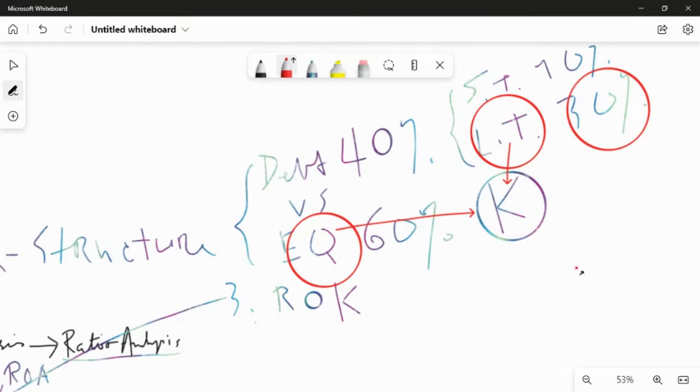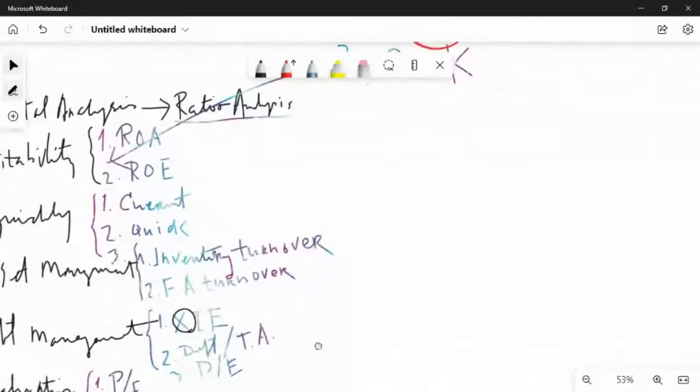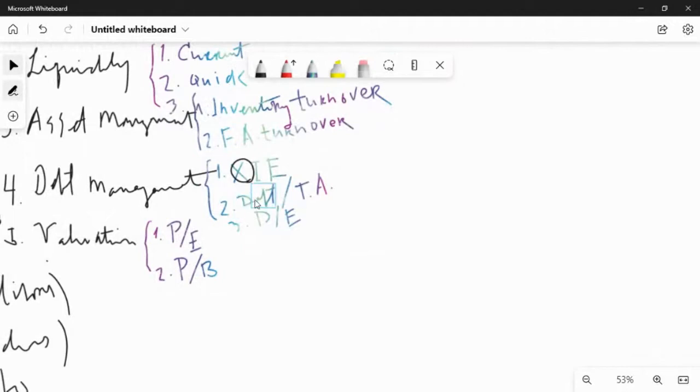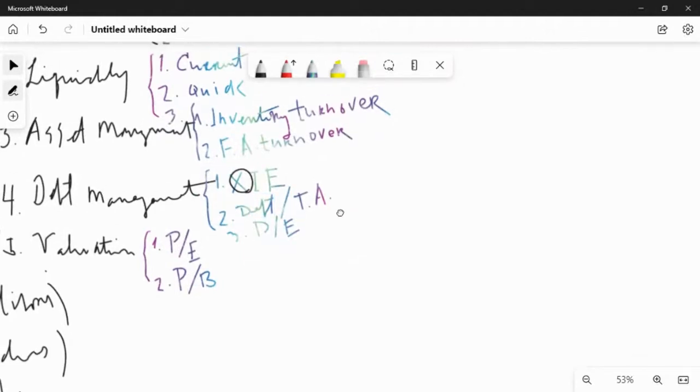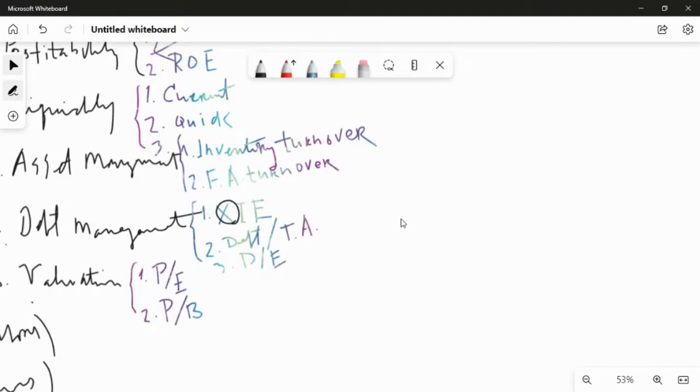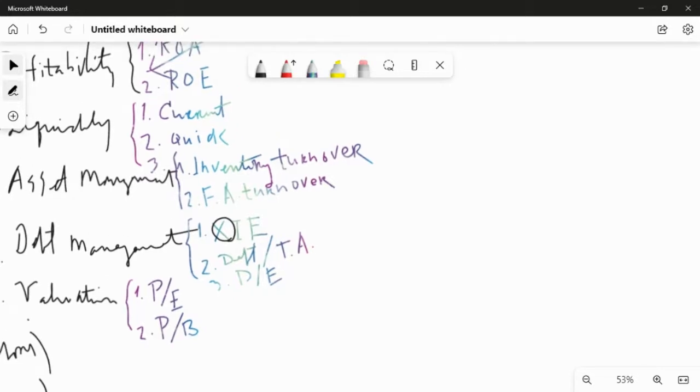So when we do the debt to equity ratio, which will come later, remember in debt management ratios there's the debt to total assets ratio. In that example, debt to total assets is 40%, because it's out of total assets, 0.4 out of 1.